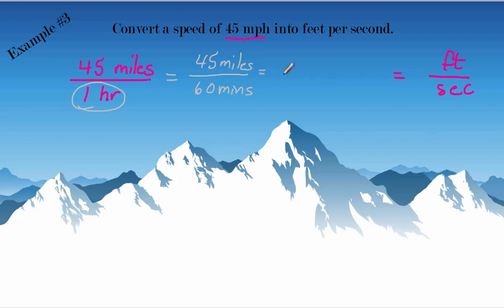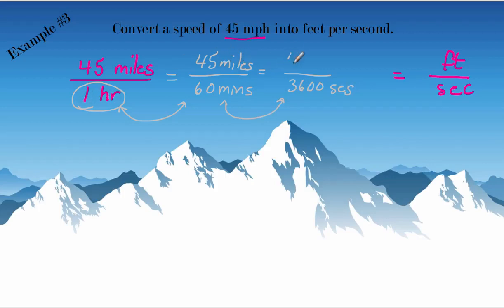Now notice I didn't have to change the 45 because these are equivalent. 60 seconds per 60 minutes tells me that there's 3,600 seconds in 60 minutes, so that means there's 3,600 seconds in 1 hour.